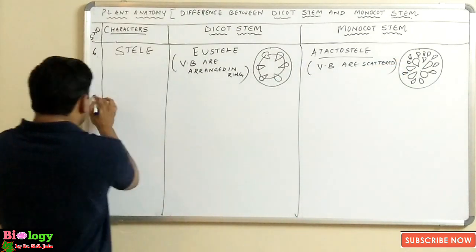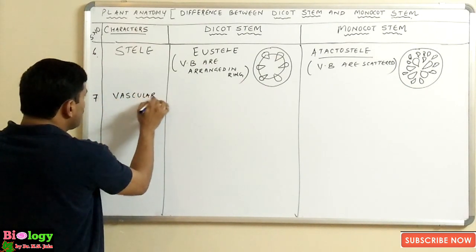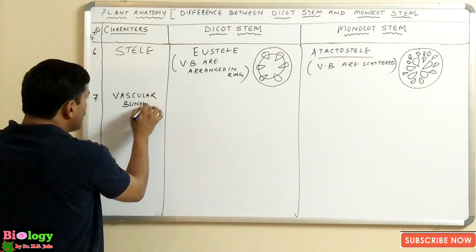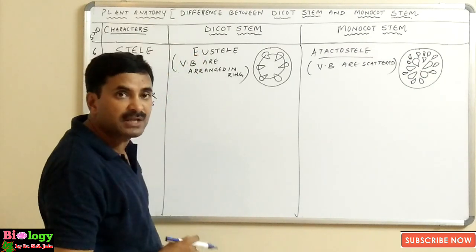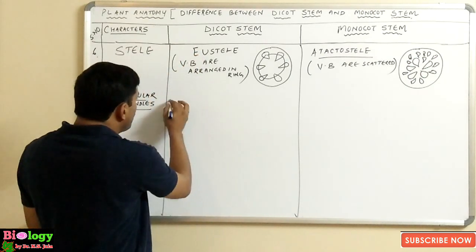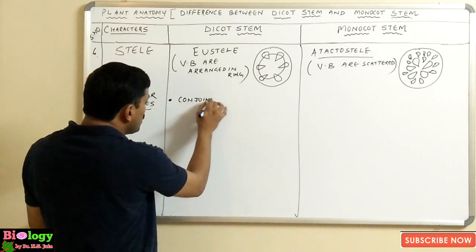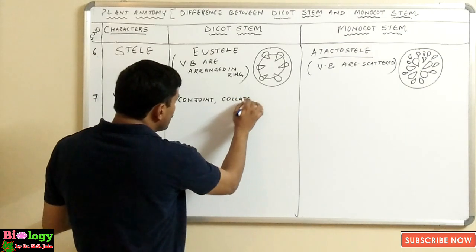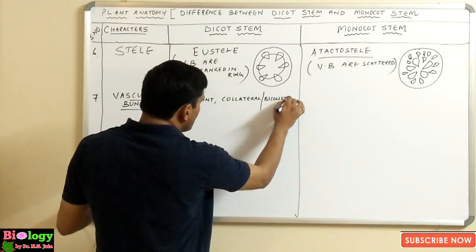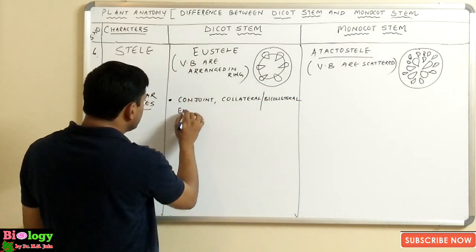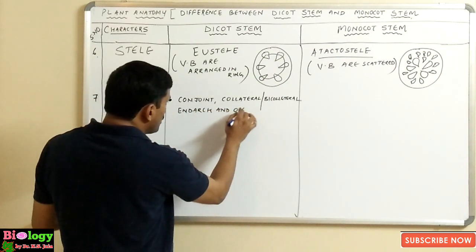Okay, next point. Now coming to the next point, and that is known as the vascular bundles. What type of vascular bundles are present in the dicot stem and the monocot stem? So you will see that vascular bundles are conjoint, collateral, or sometimes they are bicollateral, endarch, and open.